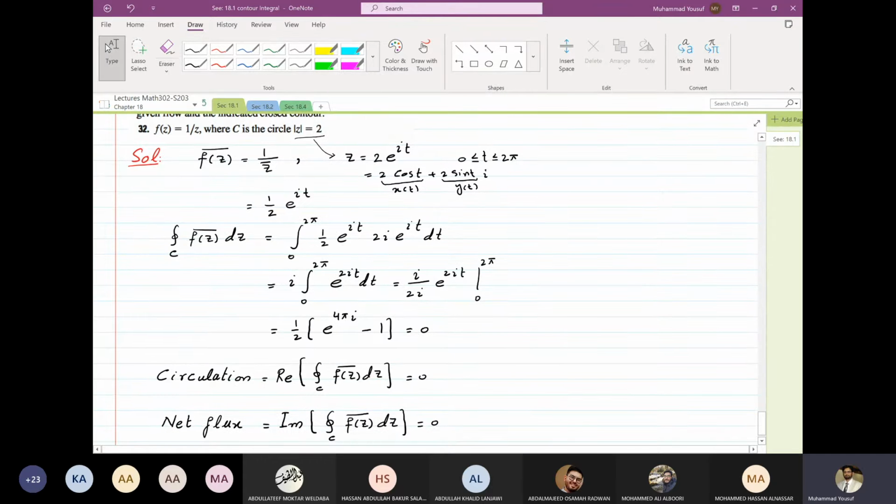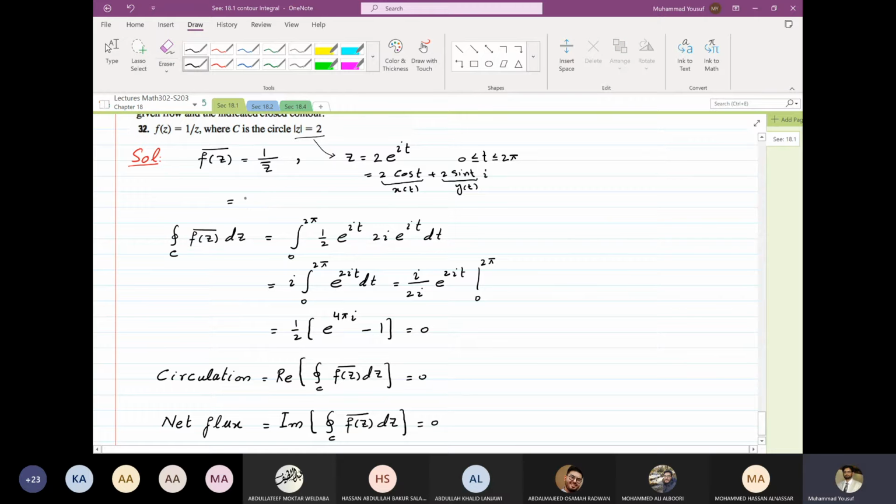And what is 1 over z bar? Look here, 1 over z bar is 1 over 2, and e power it bar will be e power negative it. And when we take this e power negative it up, it will become e power it over 2. This is what I have written, because this is a very obvious thing, so I'm not writing these steps here, but maybe it is not very clear to someone.